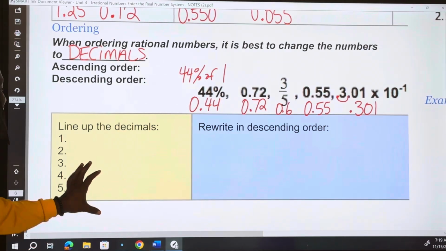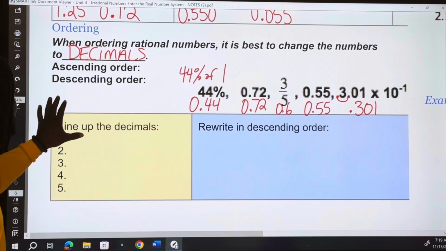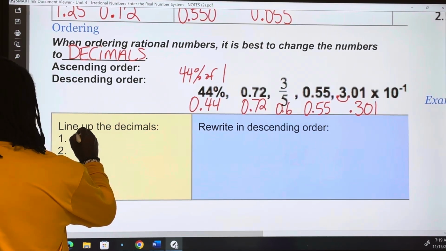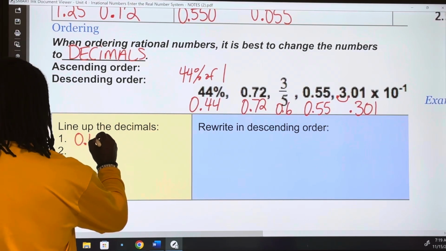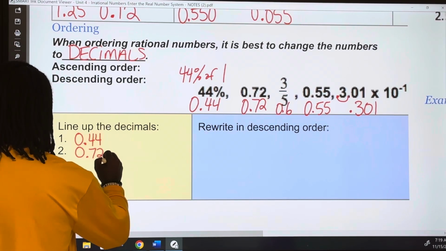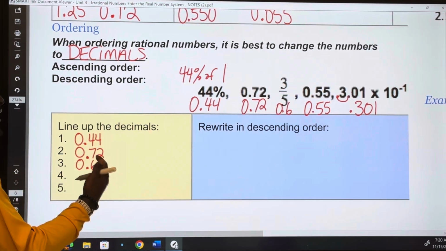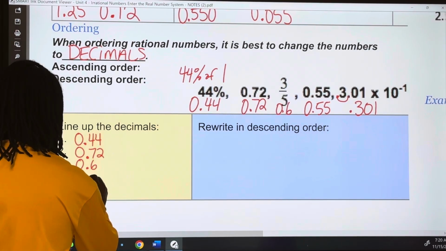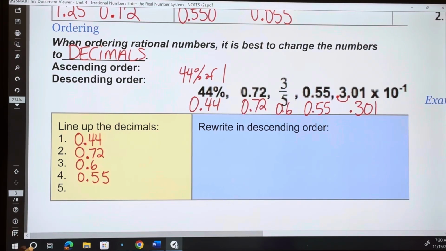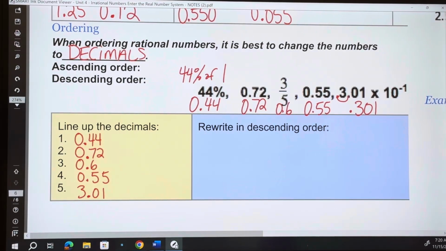And again, this is just a helpful tip that I think will help you compare them and put them in order. I like to line them up so that the decimal is in the same spot, and it just allows you to see it a little easier. Some of you might skip this step, and that's okay, but I will say it's much easier to see and compare them.